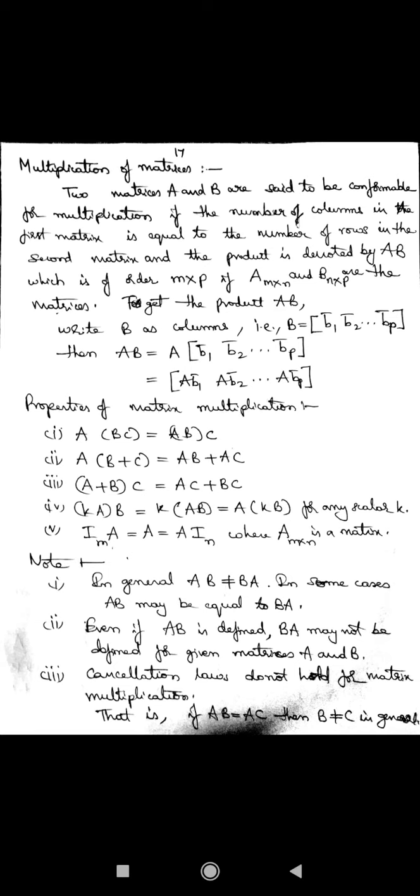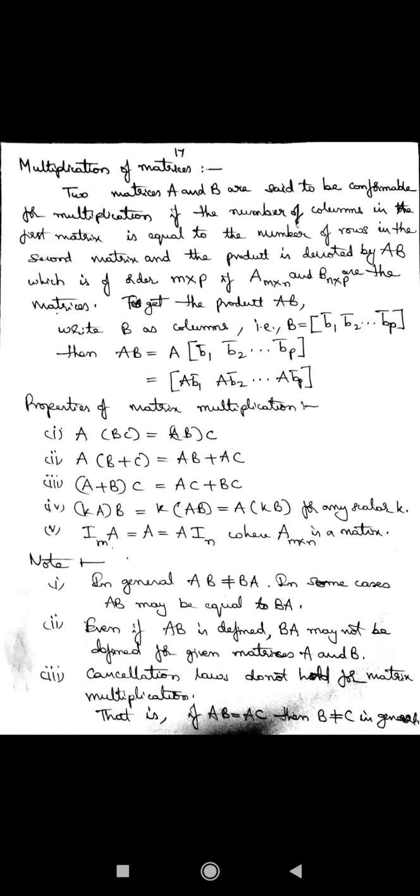Two matrices A and B are said to be conformable for multiplication if the number of columns in the first matrix is equal to the number of rows in the second matrix, and the product is denoted by AB.